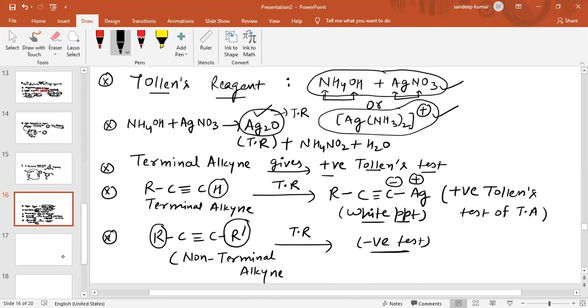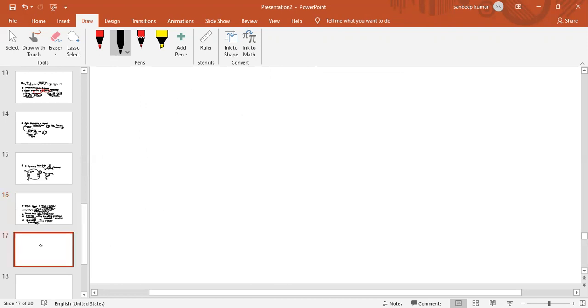Because it is a non-terminal alkyne, the Tollens test can be used.